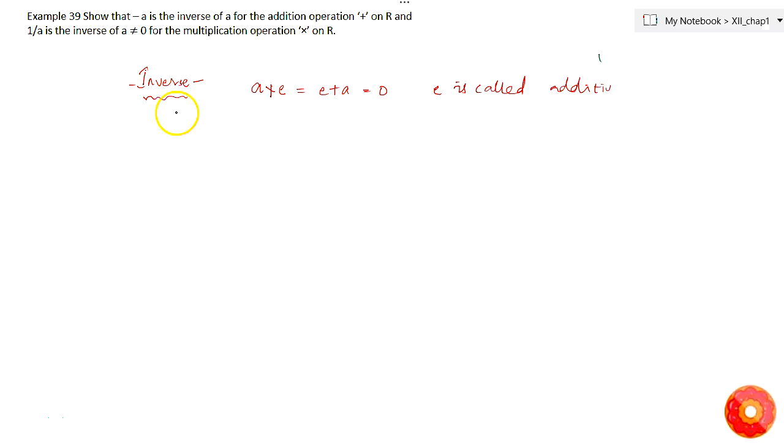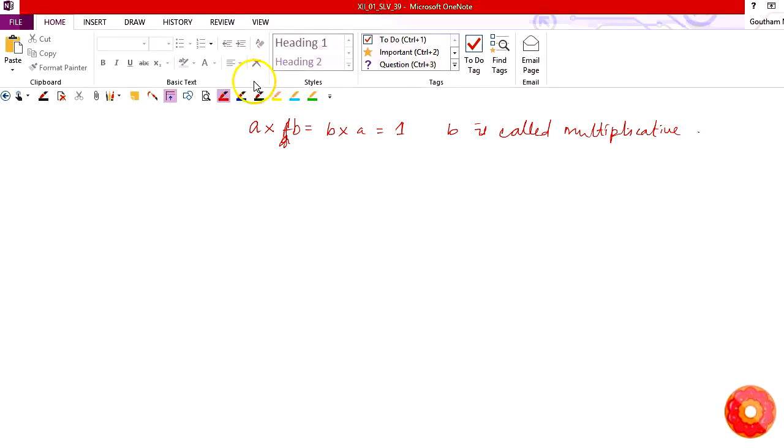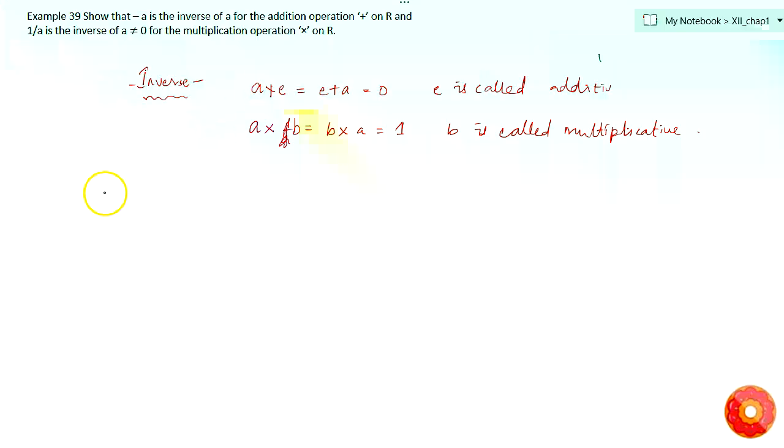And in case of multiplication, it's a cross b equal to b cross a must be equal to 1. Then b is called the multiplicative inverse of a.